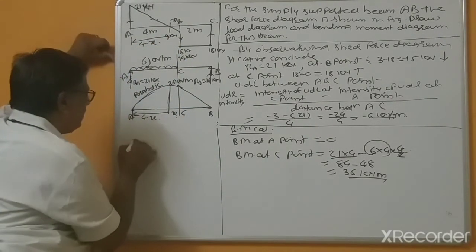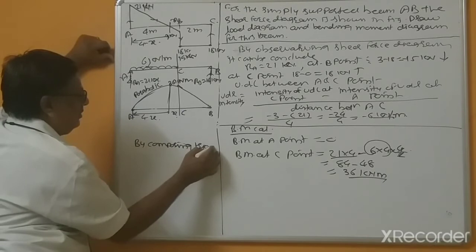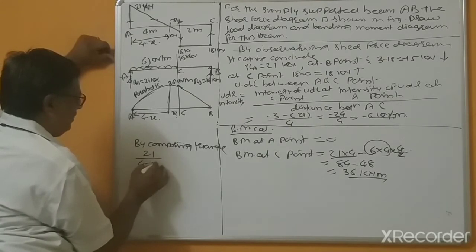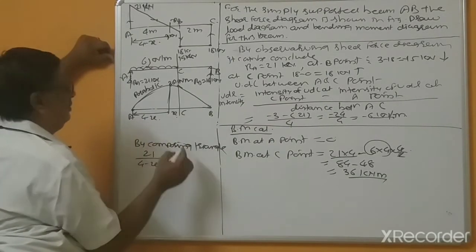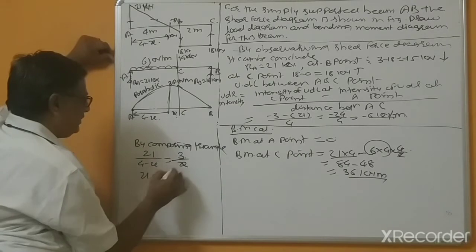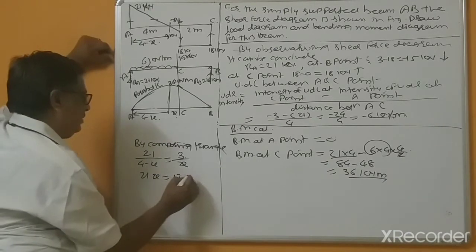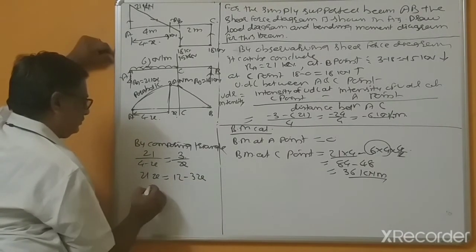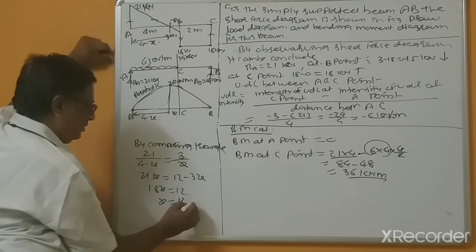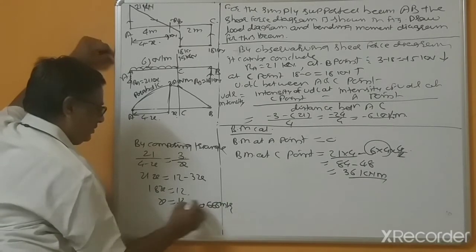So that's why by comparing triangle, 21 divided by 4 minus x equal to 3 divided by x. 21x equals 12 minus 3x. 18x equal to 12. This is equal to 0.66 meter.